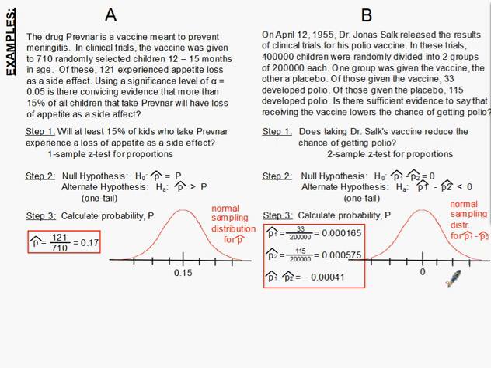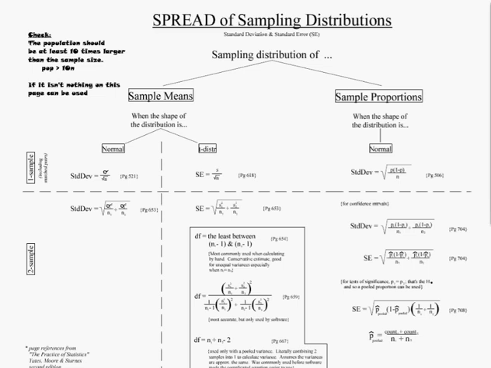In order to calculate the standard deviation, we're going to have to go back to our summary page, if you remember, which is this. Now we're talking about proportions. For the first one, we have one sample.